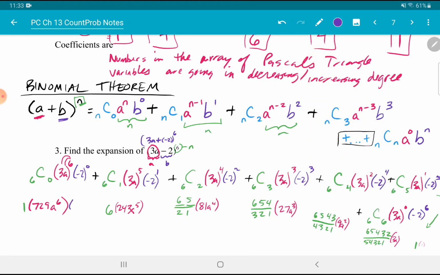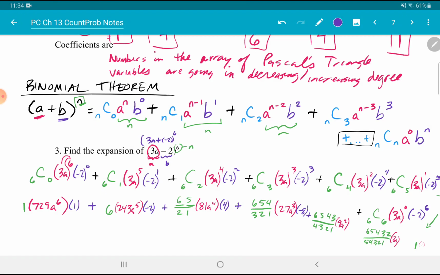Negative 2 to the 0, that's just a value of 1. And then we'll know that we have to basically add these terms together. This is actually going to be a negative 2 plus, then we have negative 2 squared. Negative 2 times negative 2 gives us a positive 4. Negative 2 times negative 2 times negative 2 is going to give us a negative 8. And then here we have negative 2, negative 2, negative 2, negative 2.